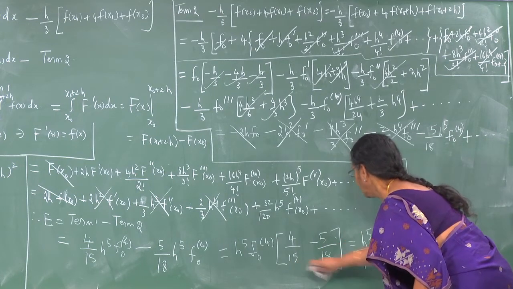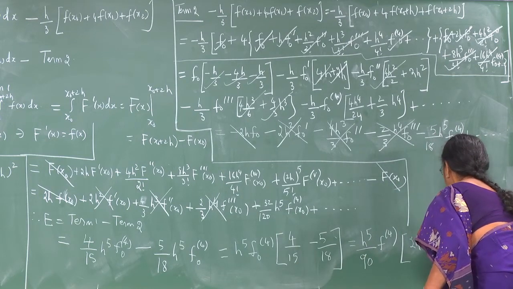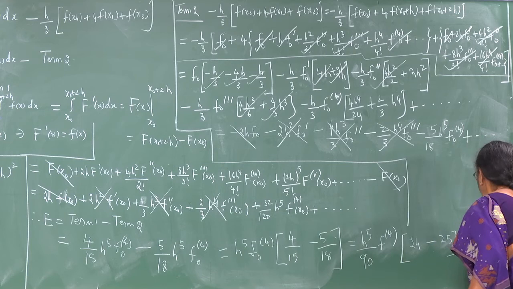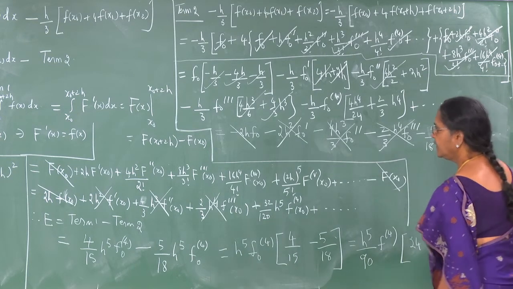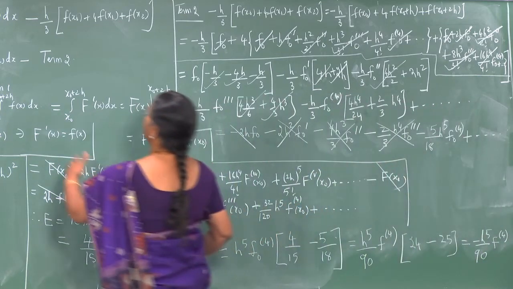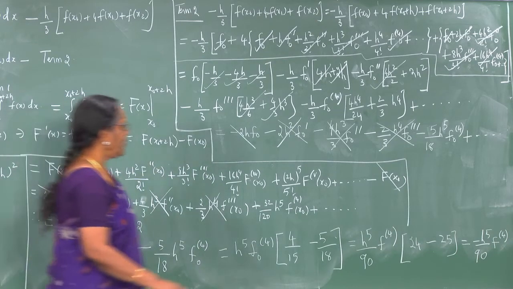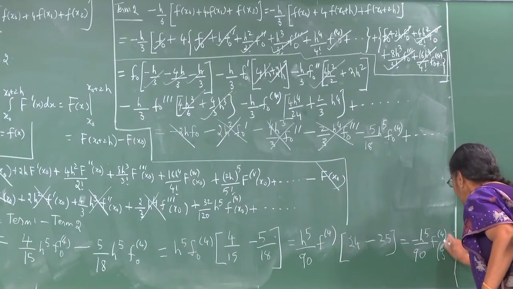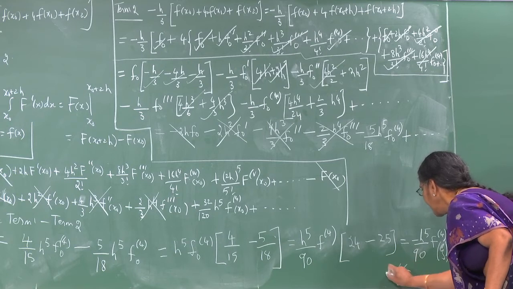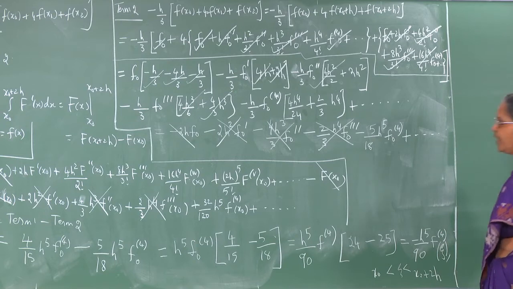So, 24 minus 25, and that gives you minus h power 5 by 90 into the fourth derivative. Since it is something like the remainder term in Taylor expansion, I write down the fourth derivative at some psi, where psi lies between x naught and x naught plus 2h.